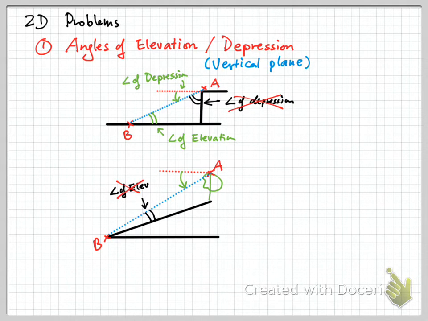Like I said earlier, the angle of elevation and the angle of depression are always measured against the horizontal. So this is the correct angle of elevation, not that one, not this one. It should be the one made with the horizontal line and the line of sight. This is the angle of elevation, not that one. So be very careful about this.